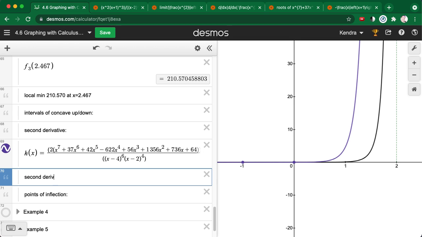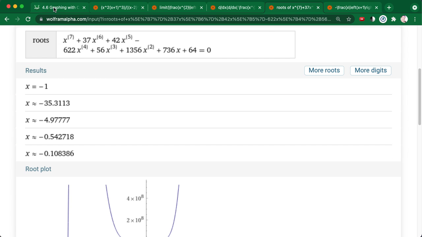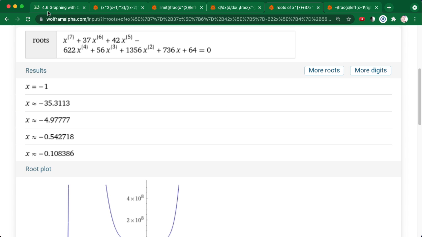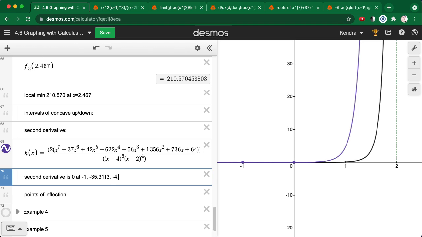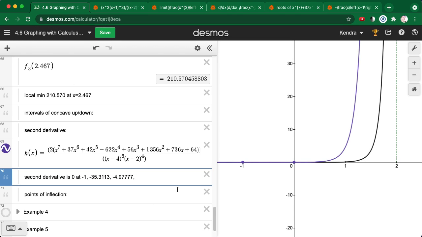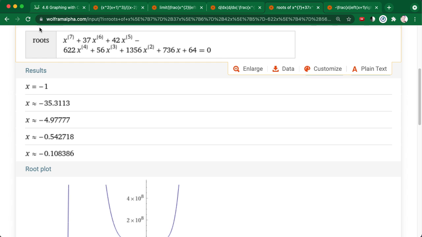So second derivative is 0 at, let's look at these, it's here: -35.3113, -4.97777, -1, -0.5427, and -0.1084.